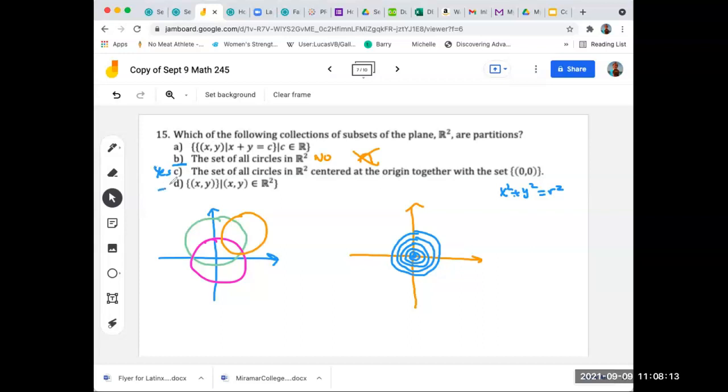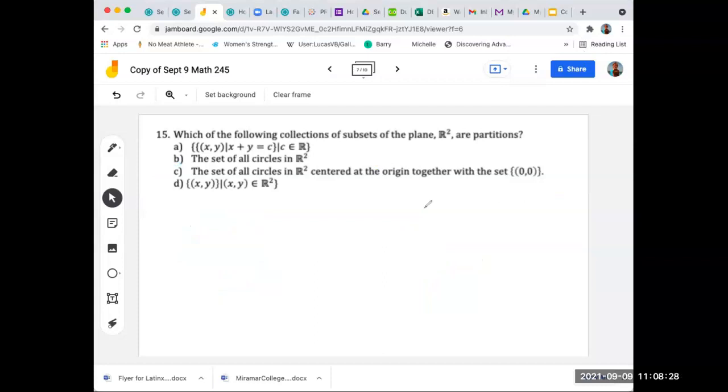Okay, D. So D says they're just coordinate points. So each set in my partition is one point in space. So basically each set has a singular member. So like set A is gonna have coordinate point 1, 2 in it, and set 2 is gonna have coordinate point 1.9 and 100.7.